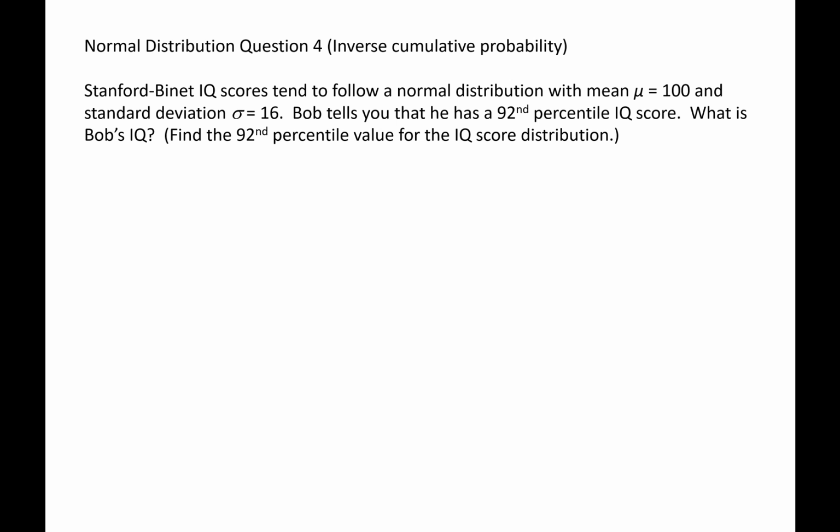Here we have Bob, and Bob tells us that his IQ is in the 92nd percentile. What does that mean? That means that 92% of people have a lower IQ than Bob, and 8% have a higher IQ than Bob. We want to know what that IQ is. So what is Bob's IQ?